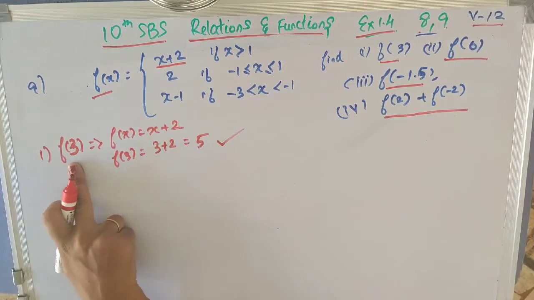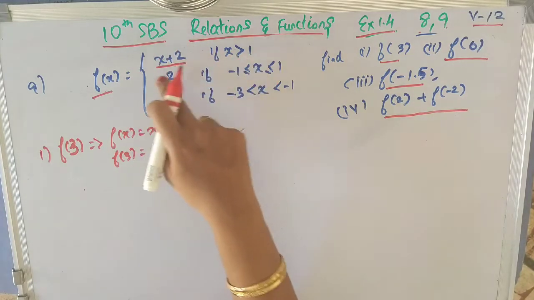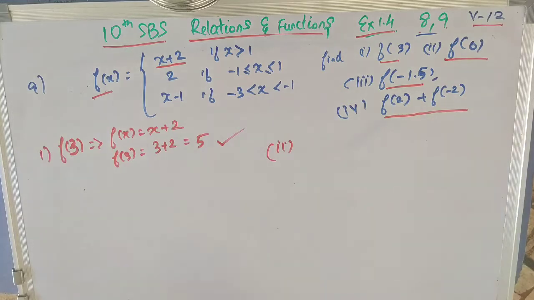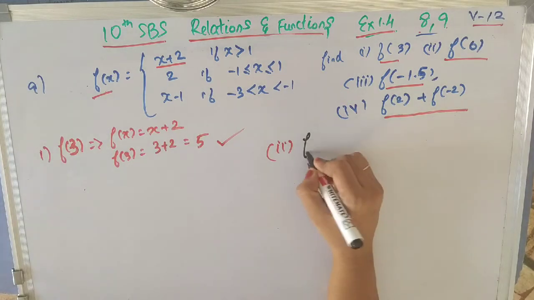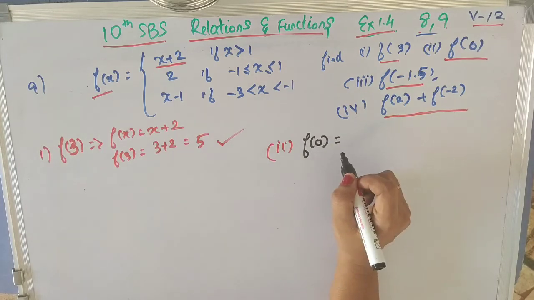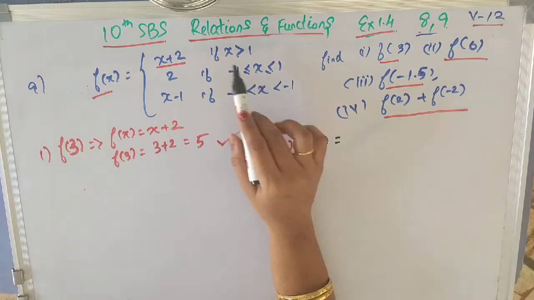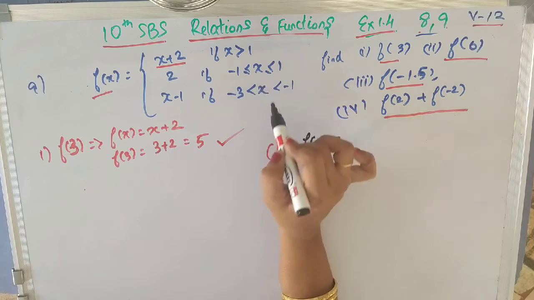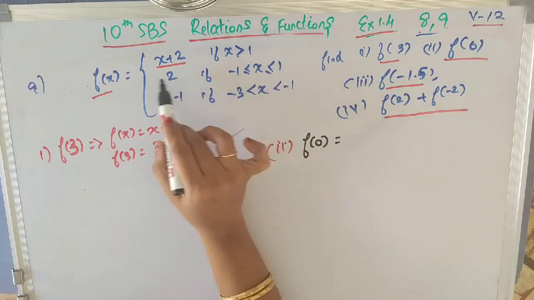We have to find f of 0. Here identifying x is very important. Now second question, f of 0. In this case, what is x? x is equal to 0. So, which f of x should we take? Yes, it lies between -1 and 1, that is, greater than or equal to -1 and less than or equal to 1. So, we have to take f of x is equal to 2.